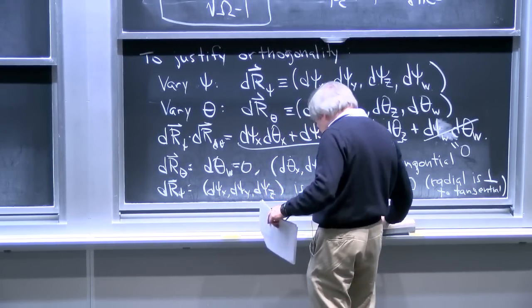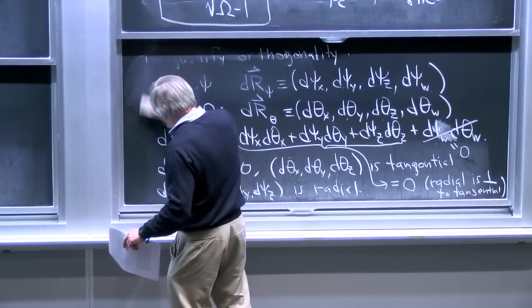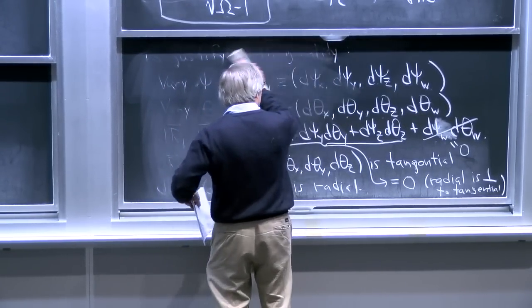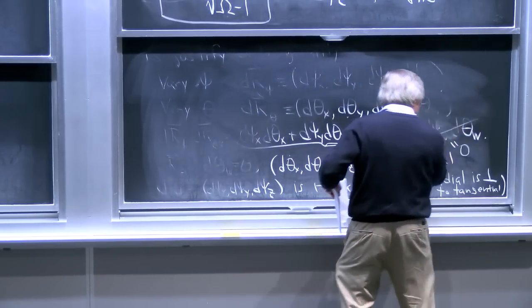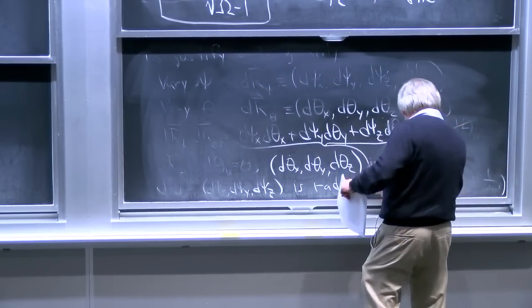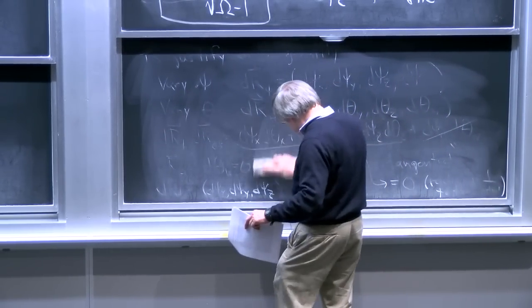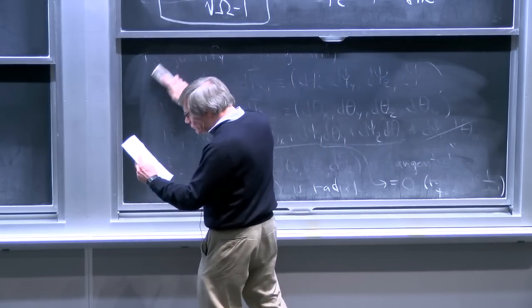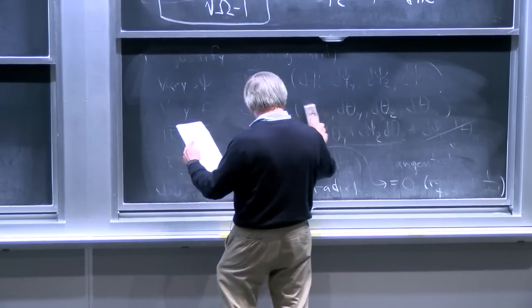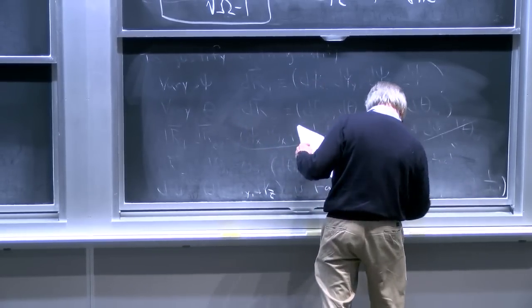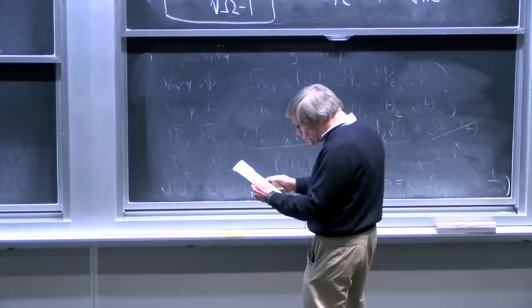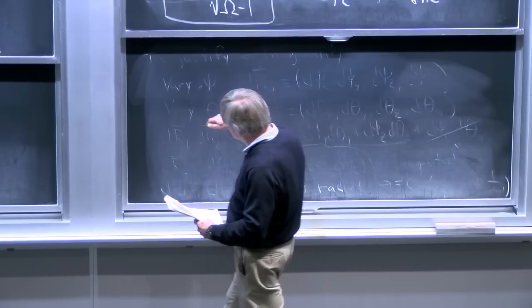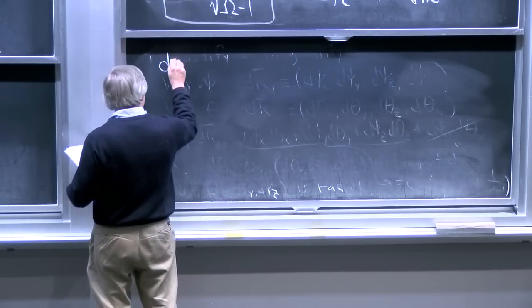OK, I'm just going to write one more formula, which is really just a redefinition, but an important redefinition as far as where we're going to be going next. And then we'll finish today's lecture and continue next week. What I want to do is to put these definitions back into the metric itself.